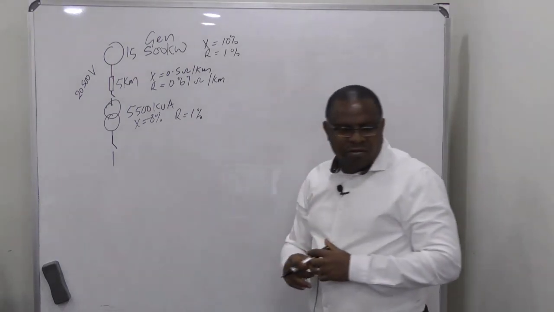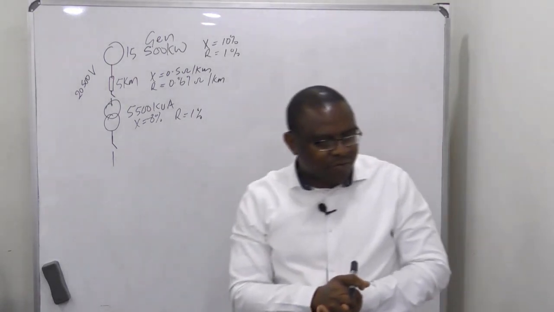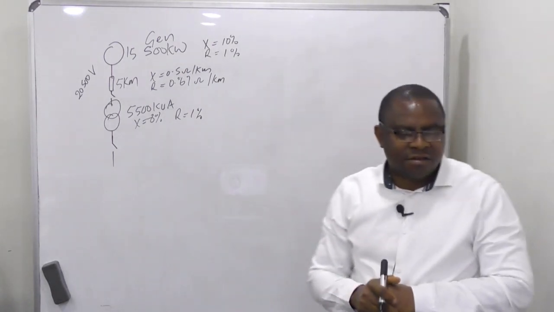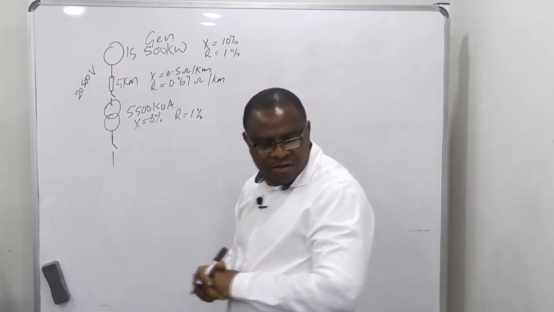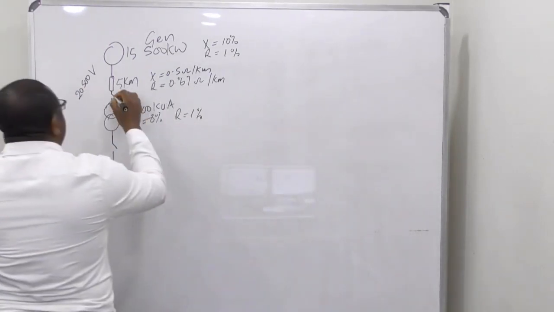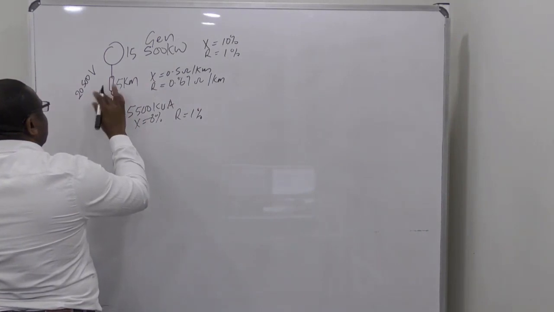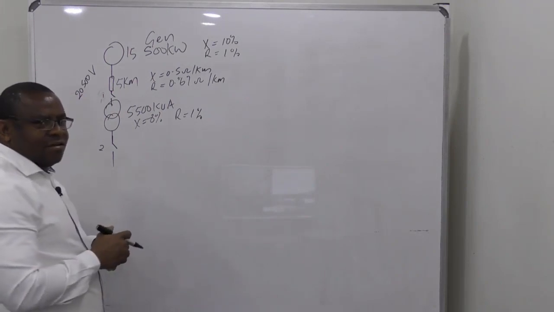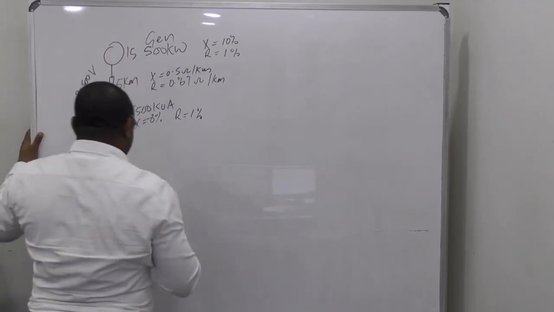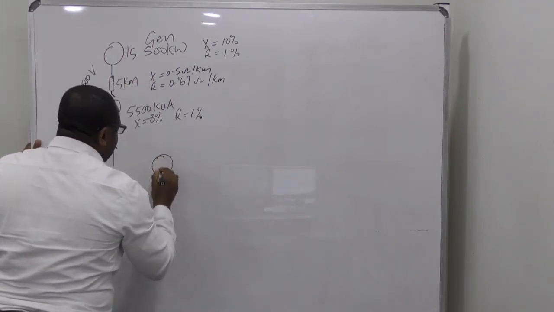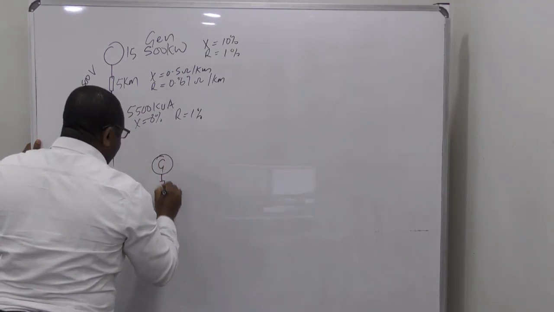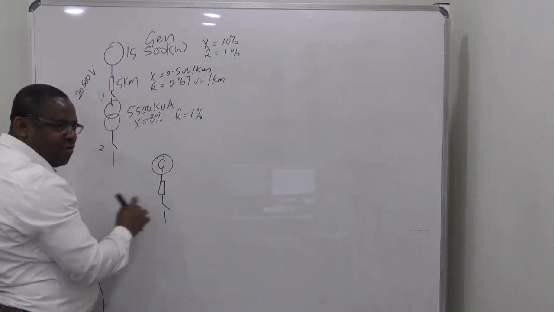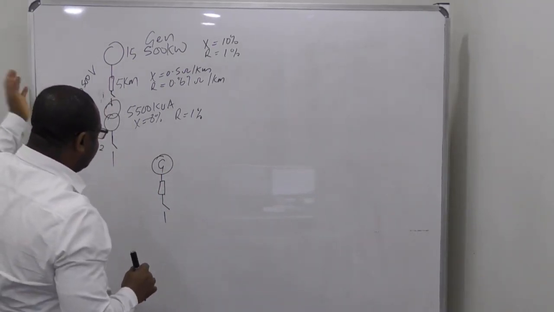Now we are asked to find the rupturing capacities for the high voltage and low voltage switches. For this switch 1 and 2. Right, so let's start. For the first one, we have this generator and we have impedance, and we want to know what will be the rupturing capacity of this circuit breaker, switch gear.